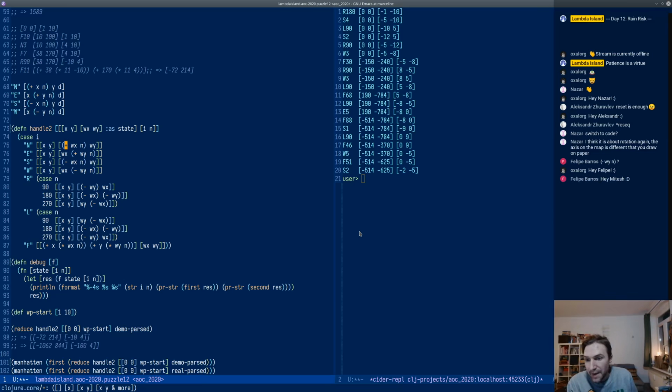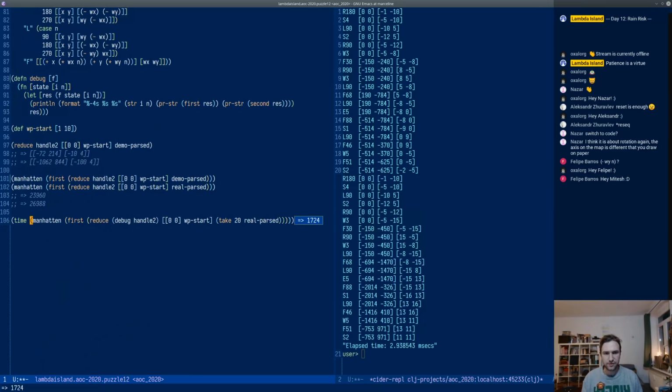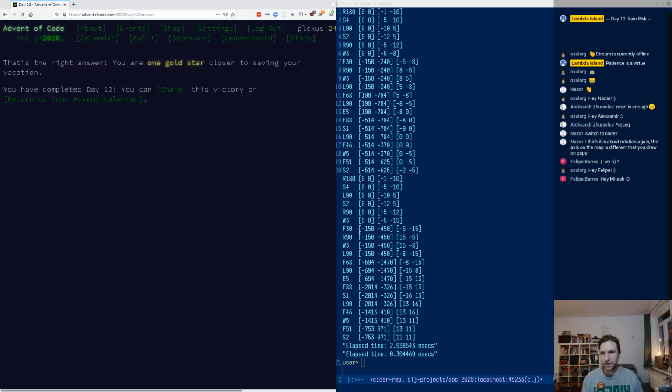But in this case, this does the trick, and it's pretty fast too. It's only 200 entries, so even with all the printing, we're spending 3 milliseconds, and of course even less if you take out the printing. So that's cool. We got our 2 stars.